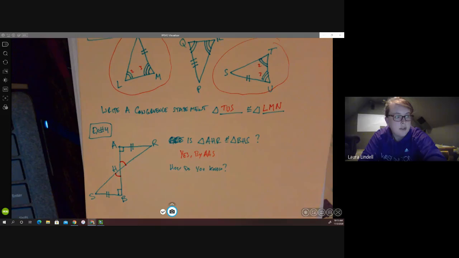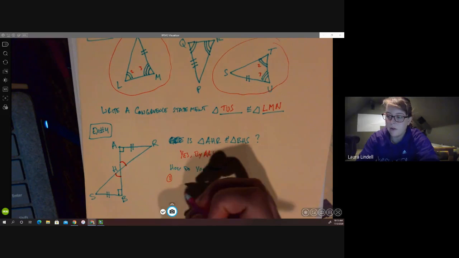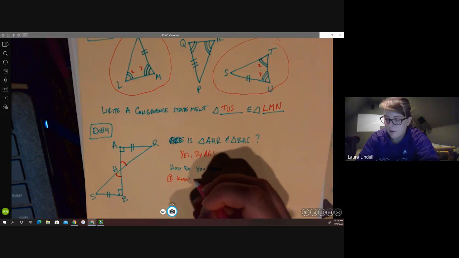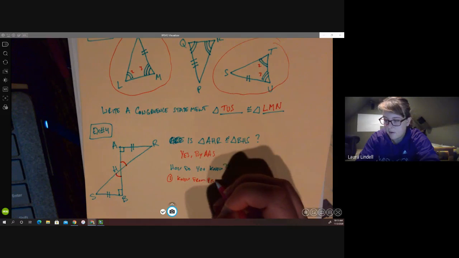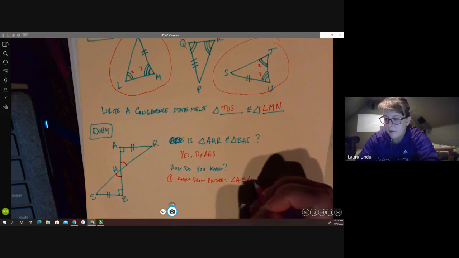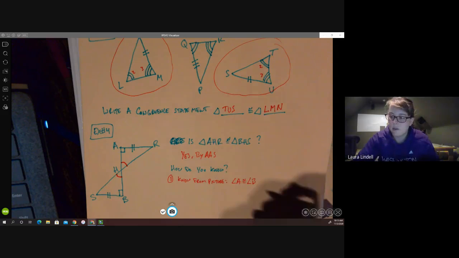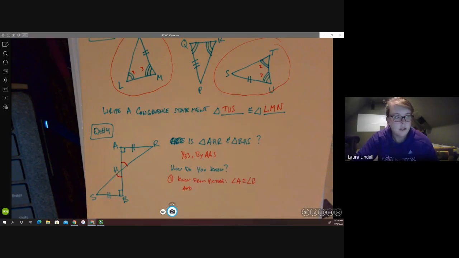Okay. So now we just have to put down how we know. So again, from labels in the picture that were already there, we know angle A and angle B are congruent because they're both right angles, and labeled as being congruent. And then we also knew from the picture that SB and AR are the same because they're labeled as being the same.